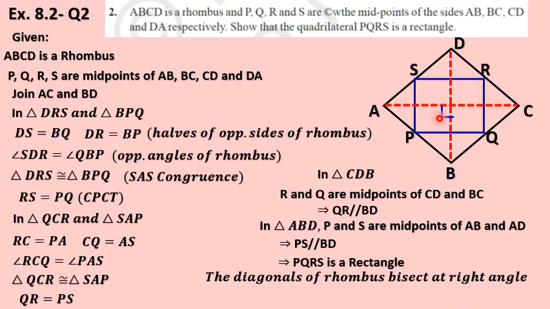When this is 90 degrees, its opposite angle, angle P, is also 90 degrees. So that means PQRS is a rectangle. Now let us move on to the next question. So we proved that angle P is 90 degrees, so PQRS is a rectangle.